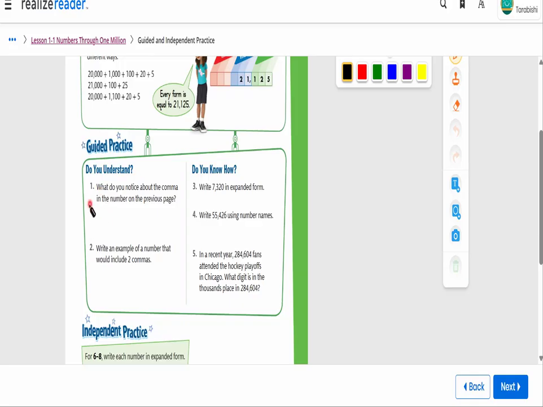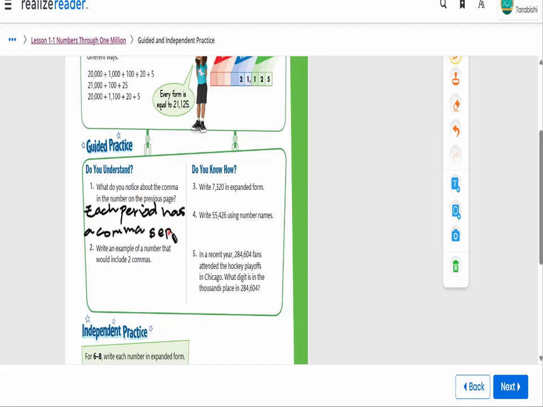We said that each period has a comma separating each area.